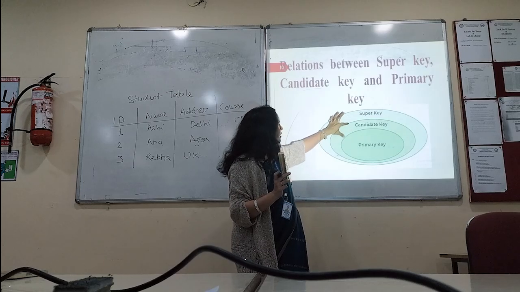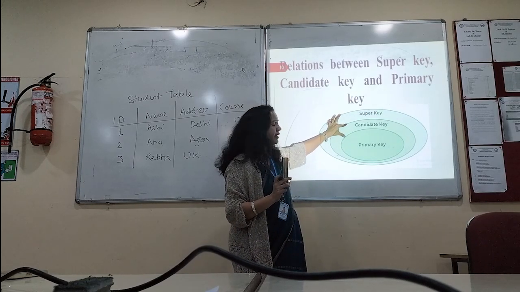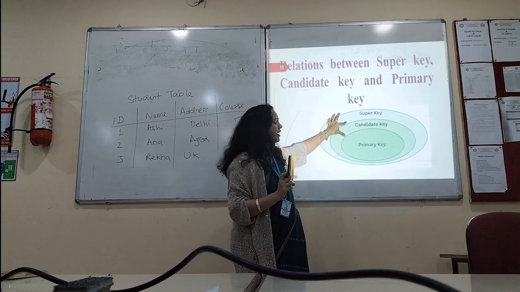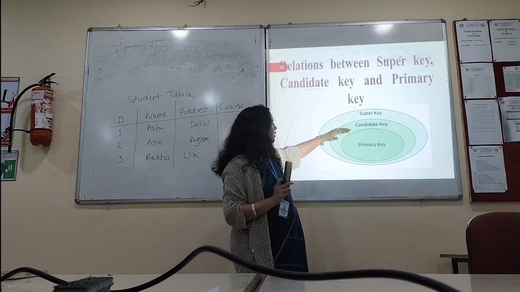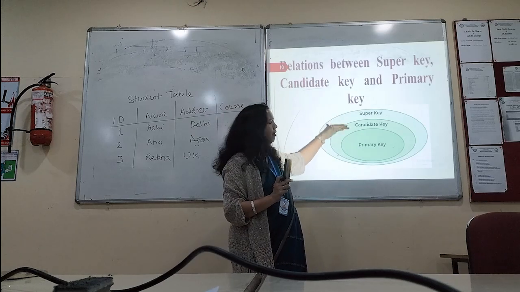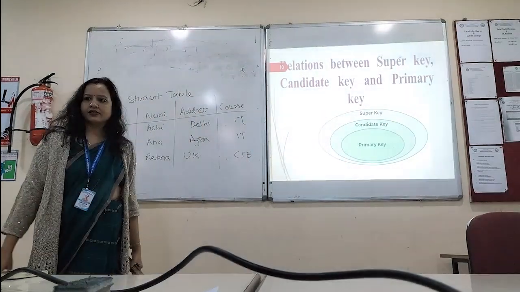Out of super keys, we can find candidate keys, and among the various candidate keys, we have to choose only one primary key. This is represented in the form of a diagram. You can see the relation between all these three keys, right?